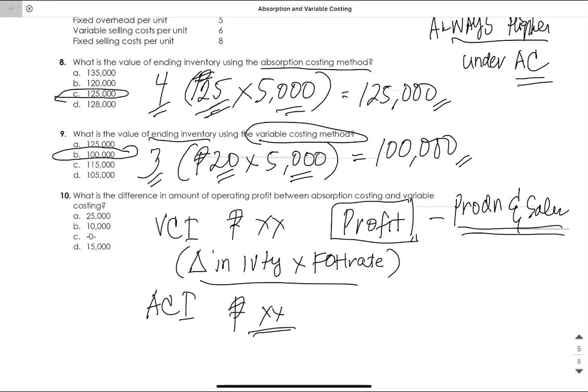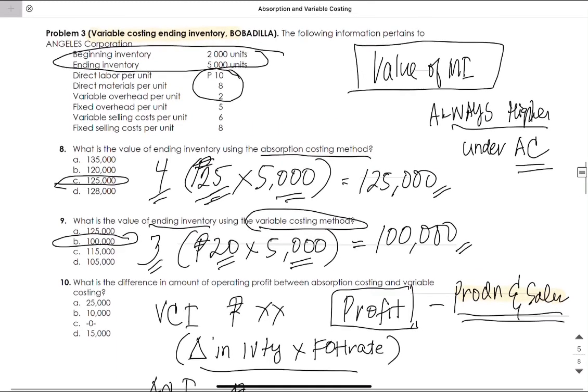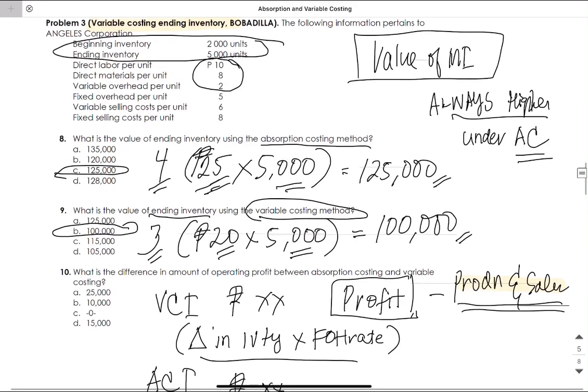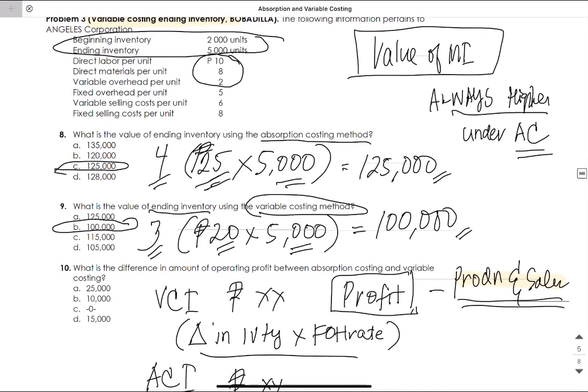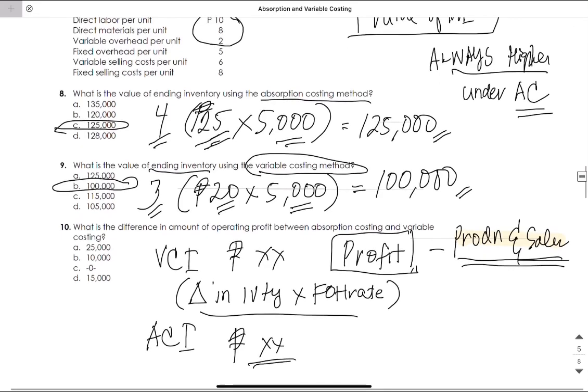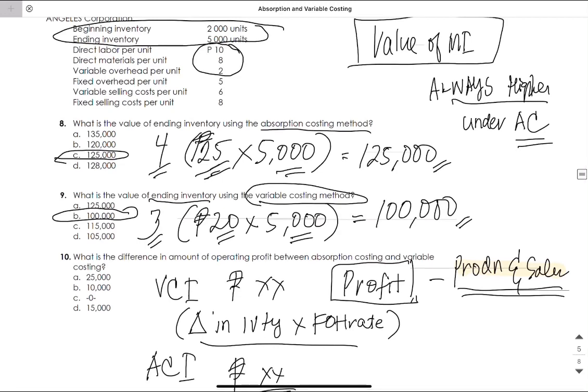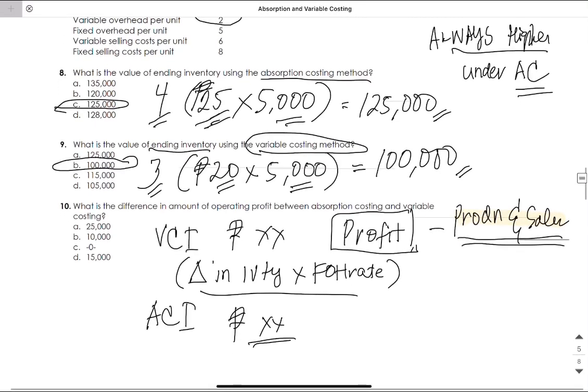So how do we compute for the change in inventory? That's the difference between production and sales. However, when we check problem number 3, there is no information about the production and sales in units. I have also discussed with you the alternative. The alternative for the change in inventory is, of course, to refer to the inventories themselves. How does our inventory change? From 2,000 units to 5,000 units, so definitely there is an increase of 3,000.